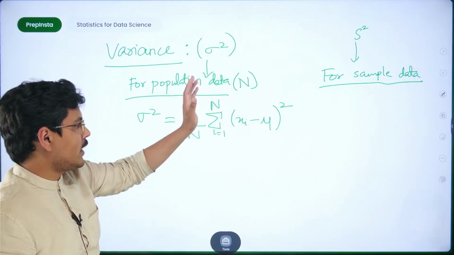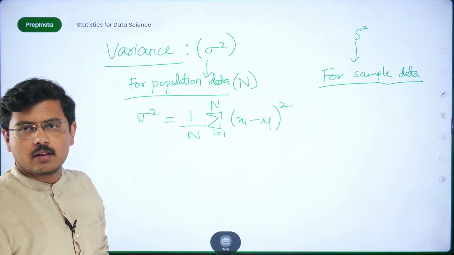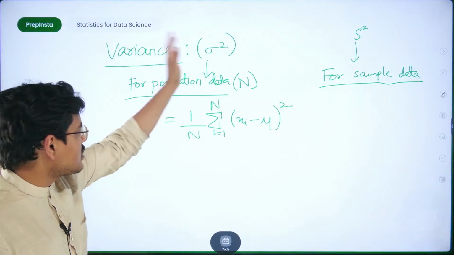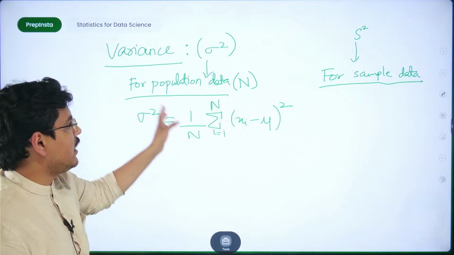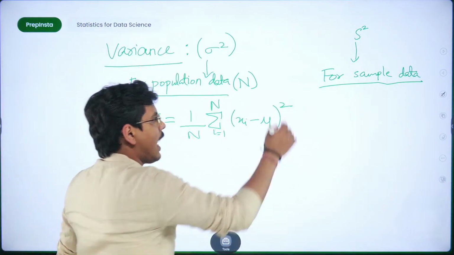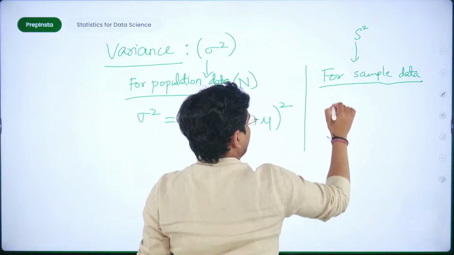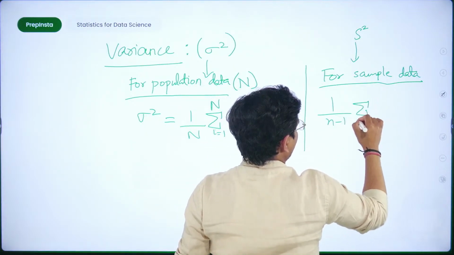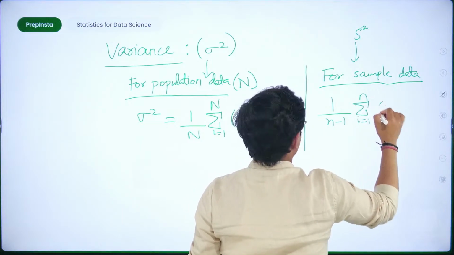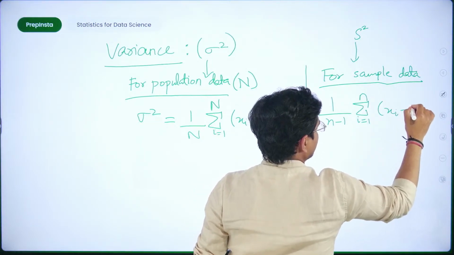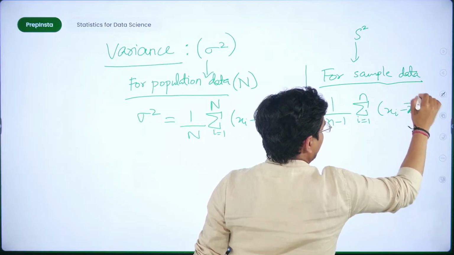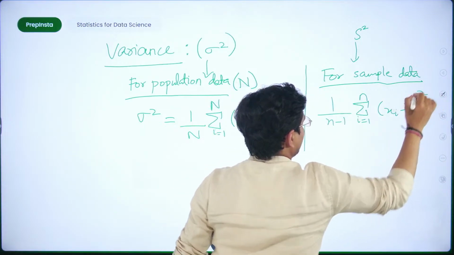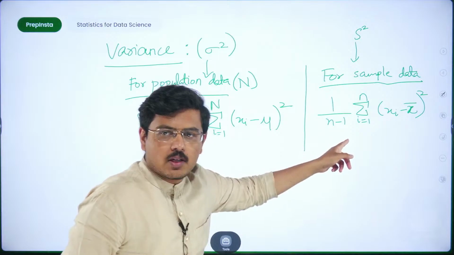I'll show you what exactly and how exactly you get the standard deviation from it. So this is the variance formula for population data, and for sample data it is 1 upon (n minus 1), summation of i equal to 1 to n, (xi minus x bar), and again square. Now this is 1 upon n minus 1 and this is n.